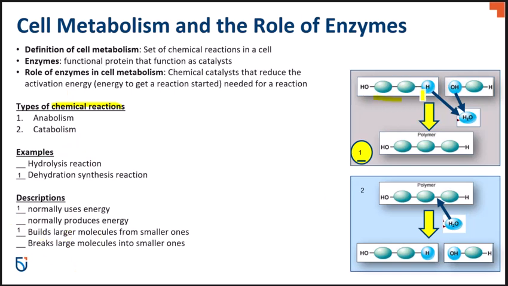So what we have are these two smaller molecules, and we're going to form a polymer, a bigger one. And we also know that this process usually uses energy in order to build something or make something. And an example is a dehydration synthesis reaction. So in this case, we're removing water in order to form a polymer, so something larger. Okay, building a larger molecule.